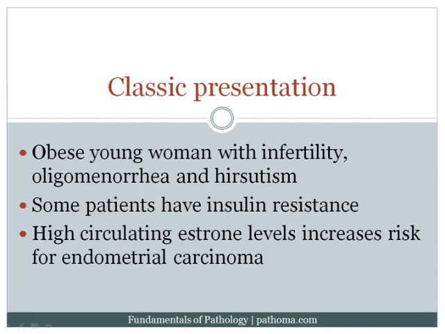And recall that endometrial carcinoma, the key risk factor was estrogen. So the more estrogen that a patient sees across their lifetime, the more likely they are to develop endometrial carcinoma. So the high circulating estrone levels, because the patient's obese and has large amounts of androgen, and the androgen gets converted to estrone again, that high circulating level of estrone will increase the risk for endometrial carcinoma.